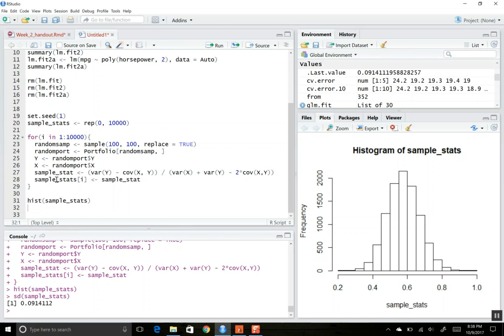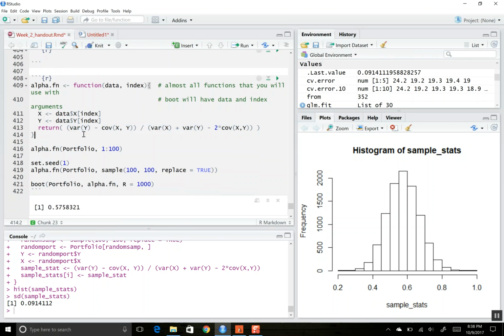With R, we can use its built-in boot function, okay? Using the boot function, you have to create something for the statistic that you're looking for. In this case, the statistic we're calling is alpha.fn, and it's a function of two arguments.